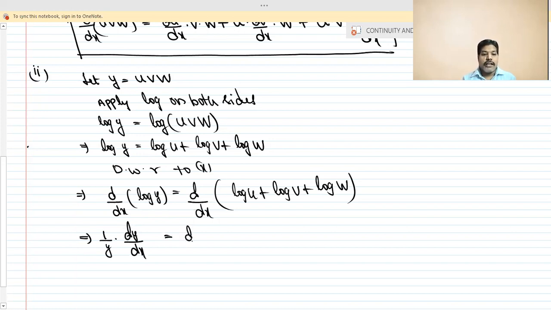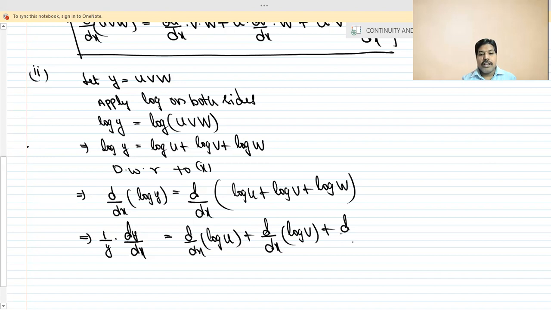In the RHS, just apply the derivative of log u plus the derivative of log v plus the derivative of log w. So then what happens, students?